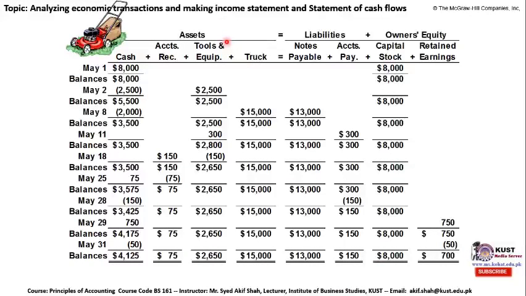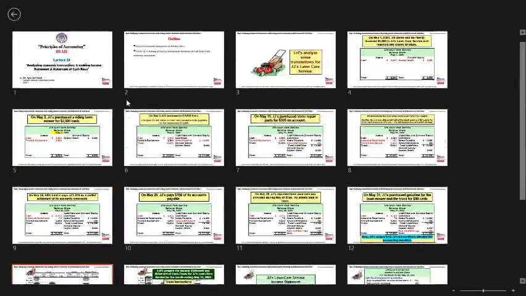So here we can see the economic transactions in an accounting equation shape, where each transaction has its unique impact on either one side of the accounting equation or on both sides. We can see that in May 1, cash of $8,000 has been added, and on the right hand side capital stock was increased by $8,000. This was the first transaction.